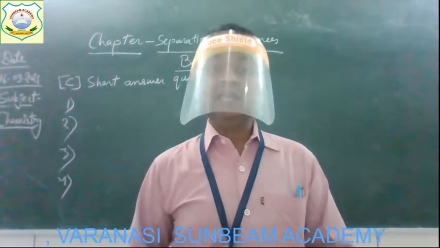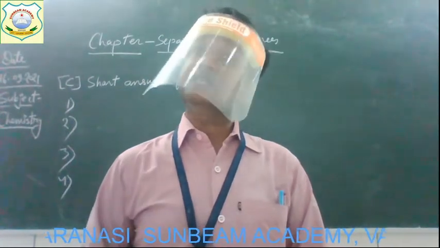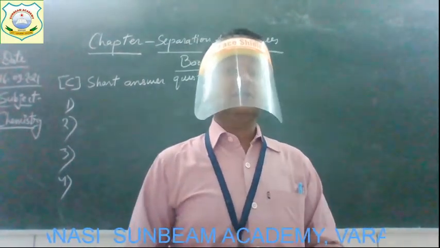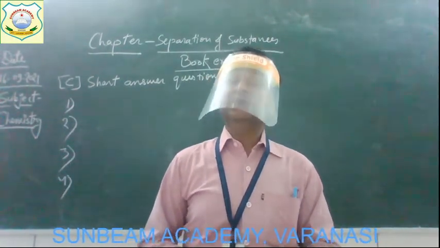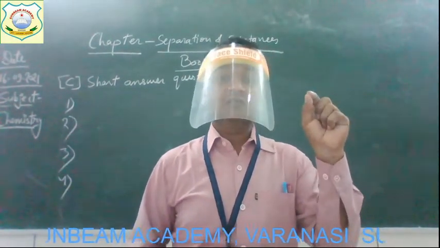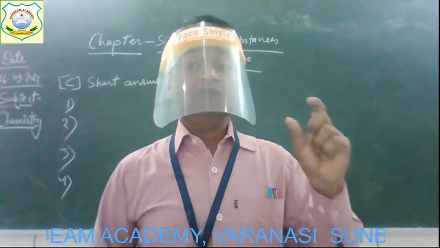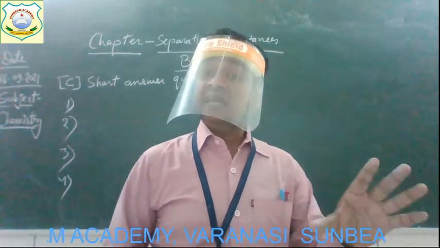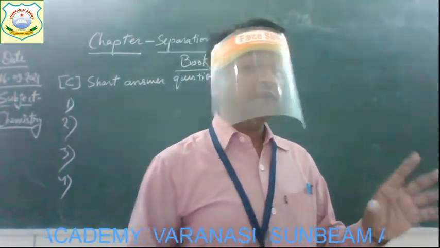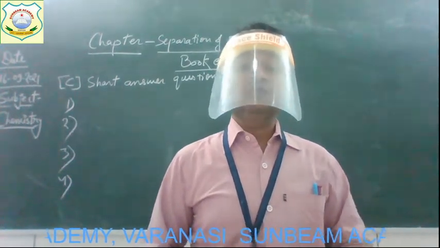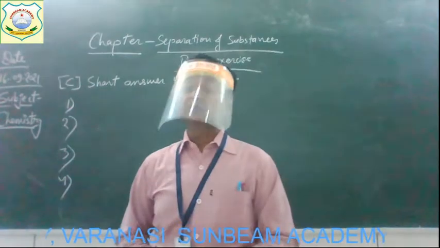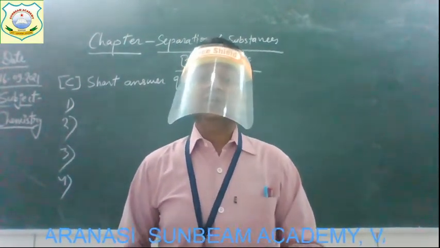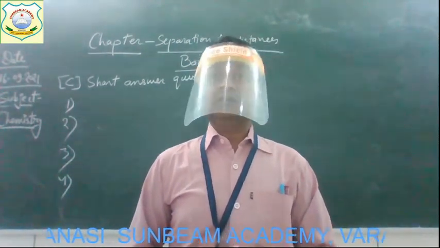Simply again, just like the size of the holes in the sieve, the filter paper has very fine holes which allow the liquid to flow through, but do not allow the particles of an insoluble solid to move through it. Get it? And this helps us to separate the insoluble solid from the liquid.